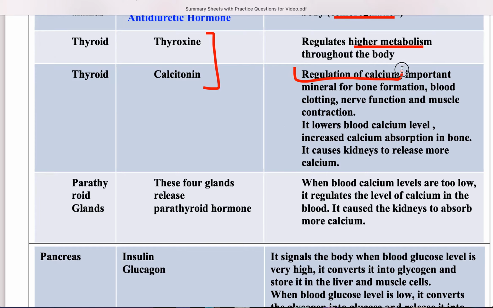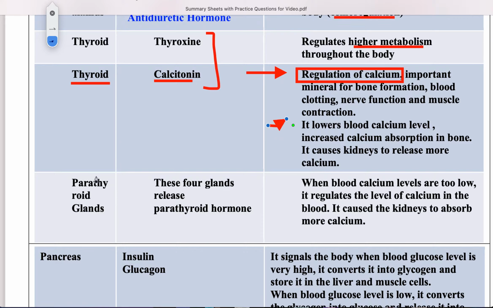Here the question is important, boys. You also have to recognize the pairs of hormones which work opposite. See over here, the thyroid releases calcitonin, which decreases the calcium level. It lowers the calcium level.